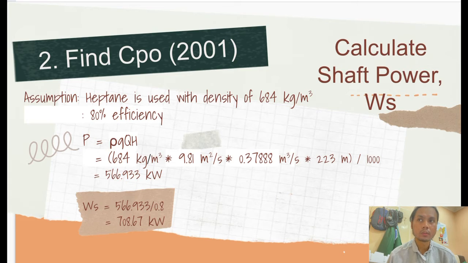So we get 566.933 kilowatt. To get the WS, we need to divide by 0.8, which we get from the efficiency of 80%. So we got 708.67 kilowatt.